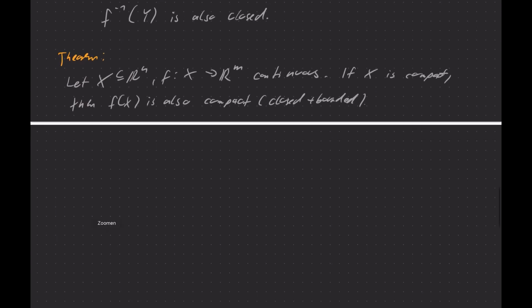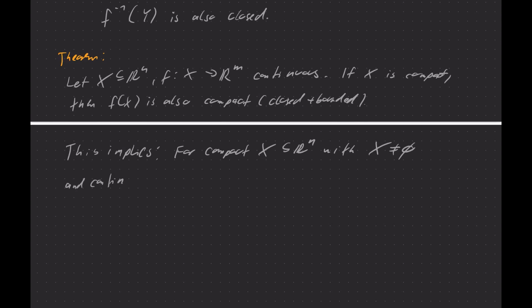And remember, compact, that means closed and bounded. Okay, and in particular, this implies what we wanted. This implies, if we have a compact domain, for compact x in R to the n with x not the empty set, we should exclude that case because that's not very interesting.